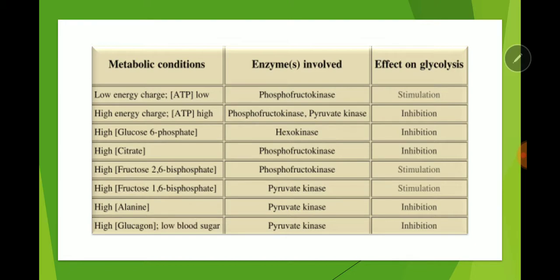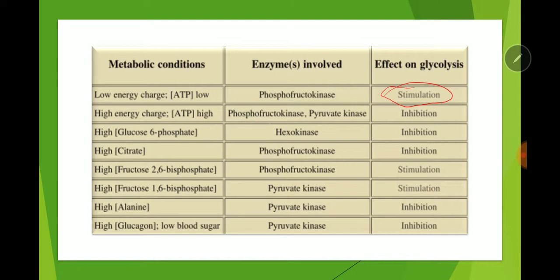Okay, so here's a chart to review: metabolic condition, enzyme involved, and the effect. So this is a good summary of what we discussed. If you have low energy charge, meaning low ATP, the phosphofructokinase reaction is stimulated. So glycolysis is stimulated. High energy charge, that means you have too much ATP.